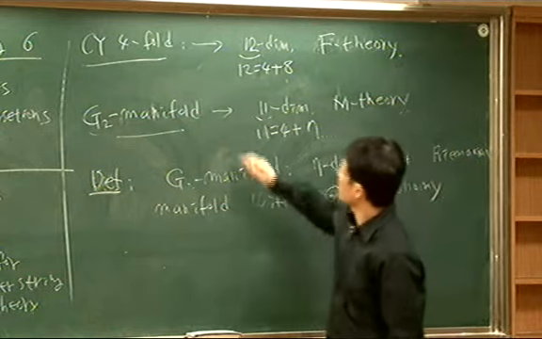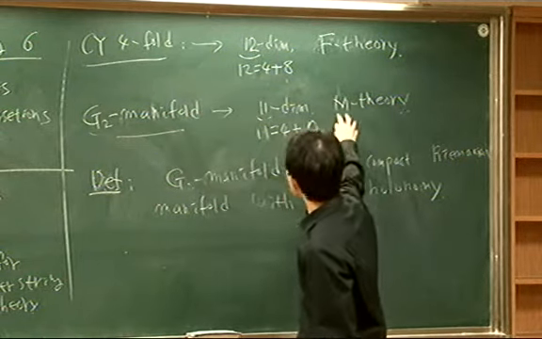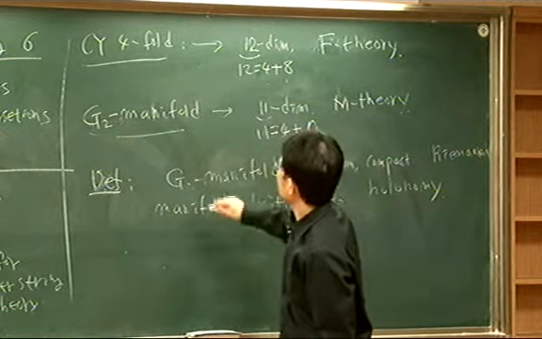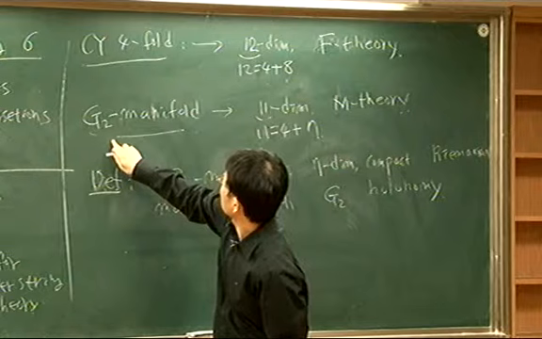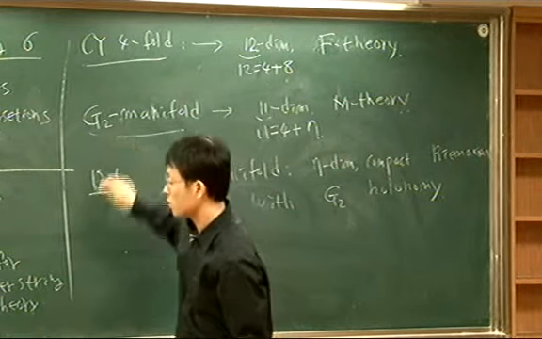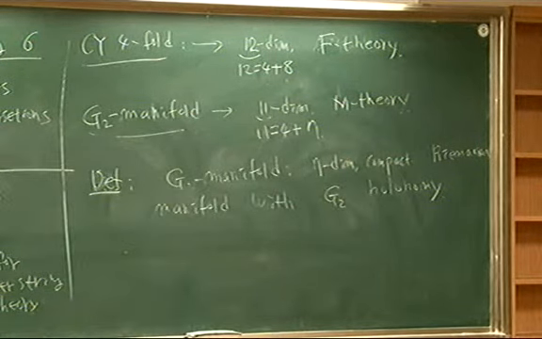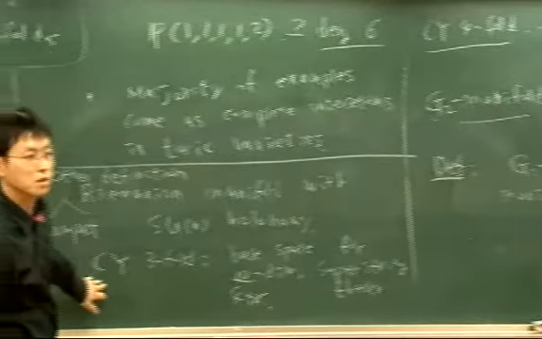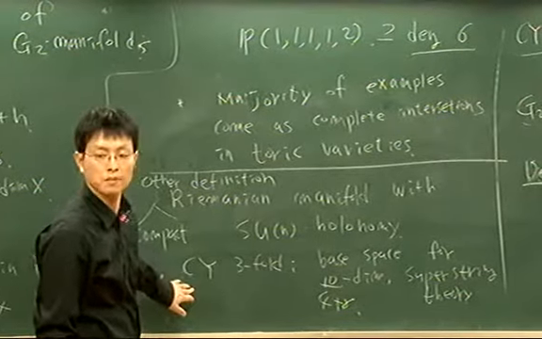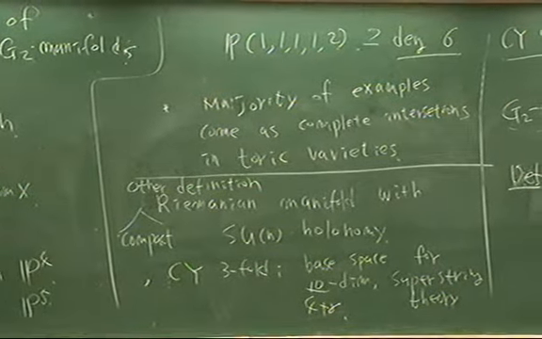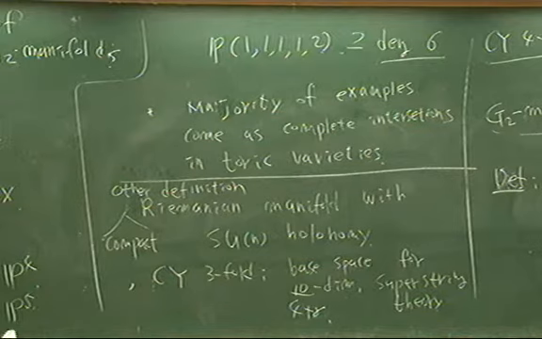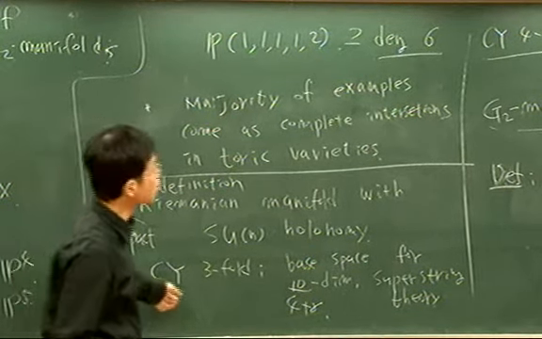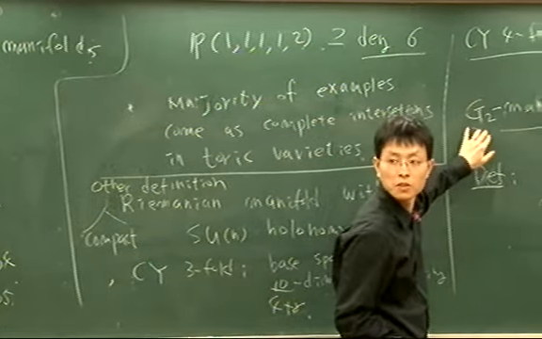So somehow M theory on the G2 manifold contains the superstring theory. They claim that the geometry of the G2 manifold somehow contains the geometry of the Calabi-Yau threefold, but it's non-rigorous mathematically. Okay. But in this lecture, I will construct these Calabi-Yau threefolds and G2 manifolds in a very similar fashion.